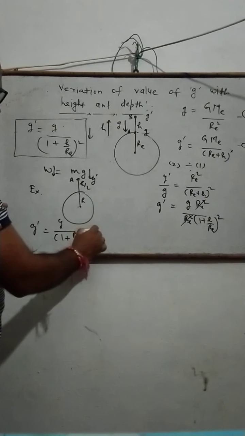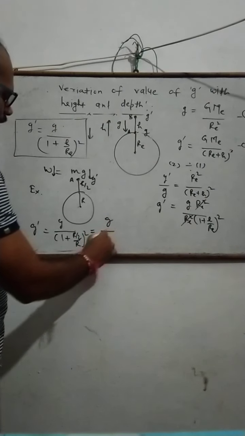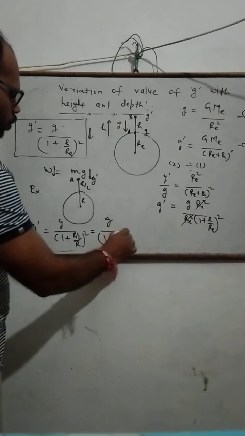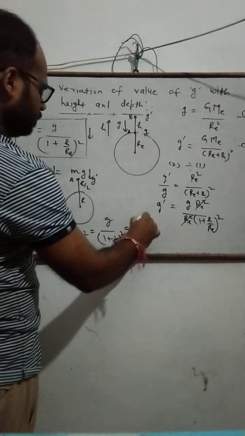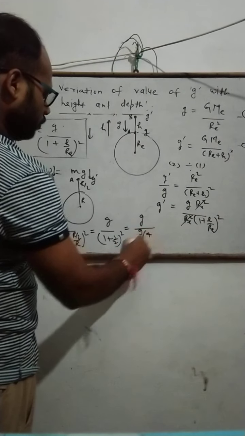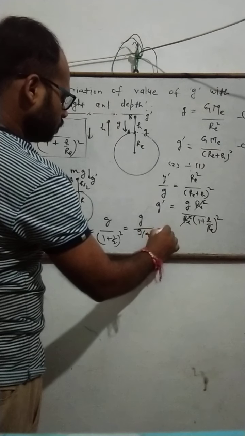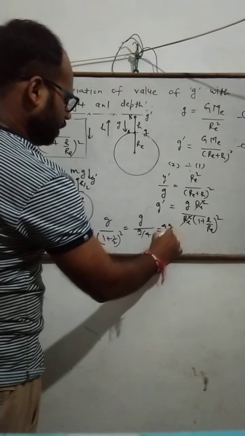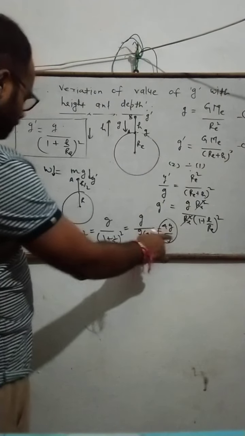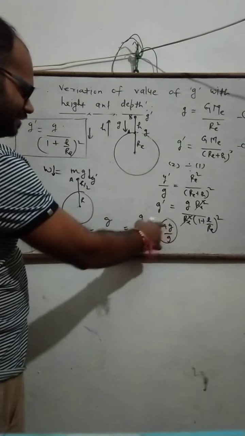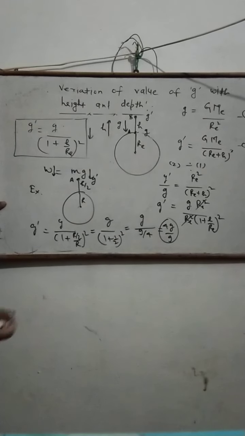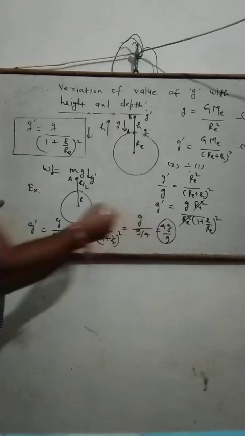So r will be cancelled out and it will be g by (1 plus 1 by 2) the whole square. This will be g by 9 by 4 and this will come to 4g by 9, and this value will be g dash. 4 by 9 is less than 1, so g dash will be less than g. Okay, so weight will also decrease.